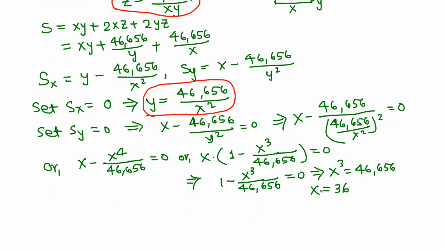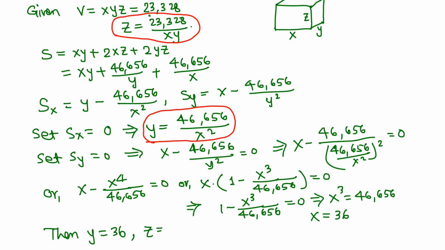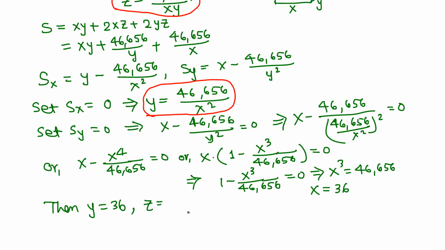Okay, x is 36, then y will be just from here, divide by 36 squared, then it will be 36 again, you can check. And z is, if you go to the top here, plug in x and y and divide 23,328 by x times y, you get 18.